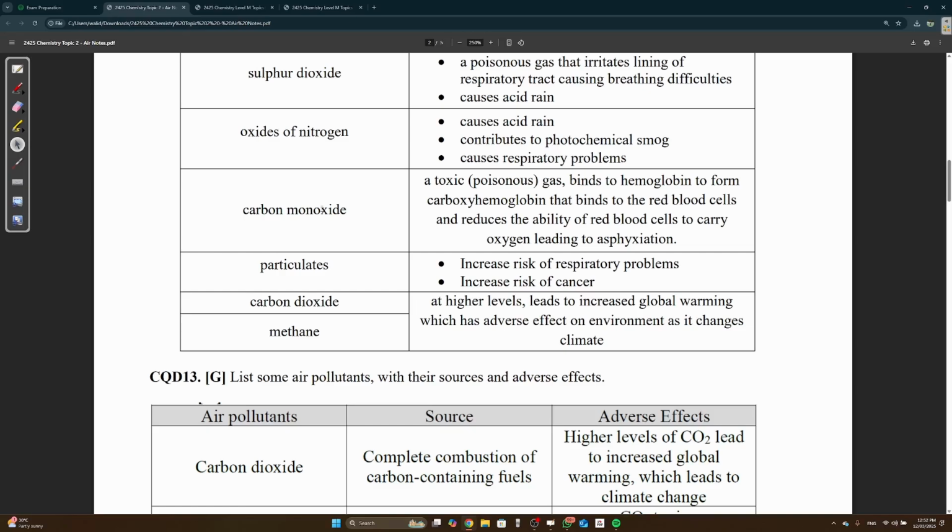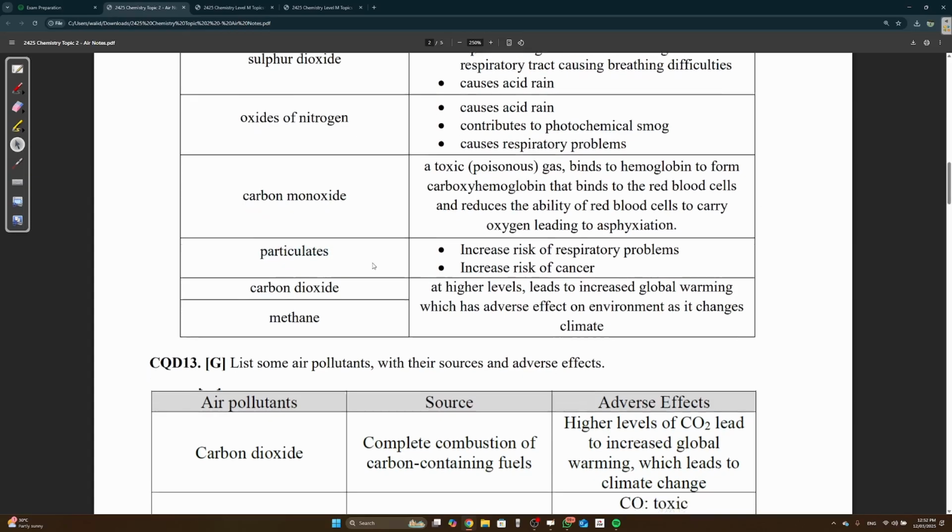But is it actually oxygen? No, it isn't. So what are you doing to your body? You're reducing the capacity of oxygen in your body. So basically, it's toxic. It binds to hemoglobin and reduces the ability of red blood cells to carry oxygen, leading to asphyxiation. It's like emphysema. It basically causes breathlessness.